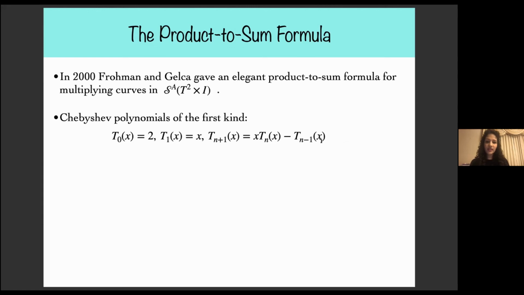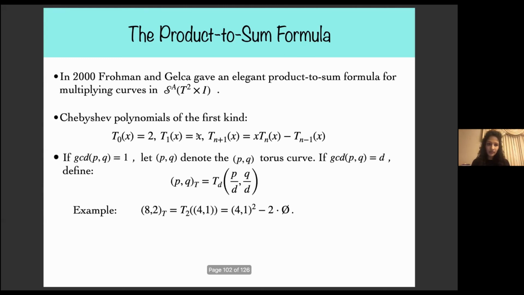They are defined recursively with initial conditions T_0(x) is 2, T_1(x) is x. What they did was replace the variable of the Chebyshev polynomial with the torus curve. So let's see how they did that. Say you have two integers p and q and the GCD is 1. Then you let (p,q) denote the (p,q) torus curve.